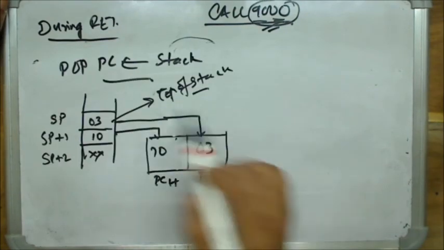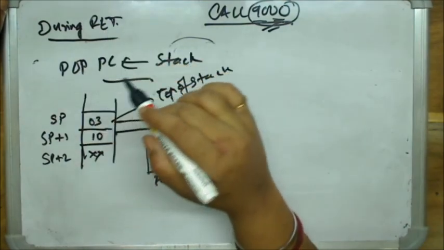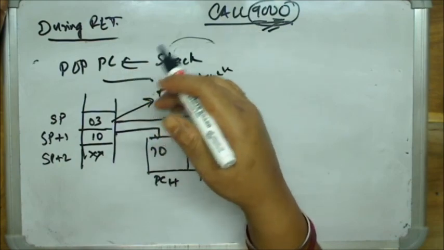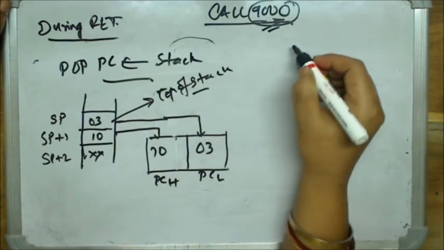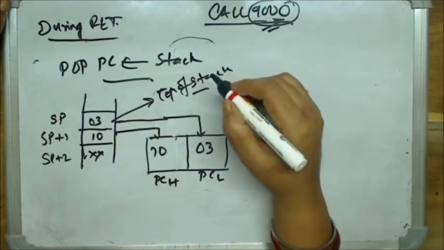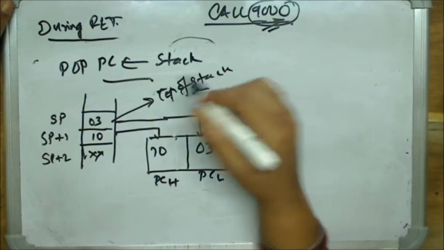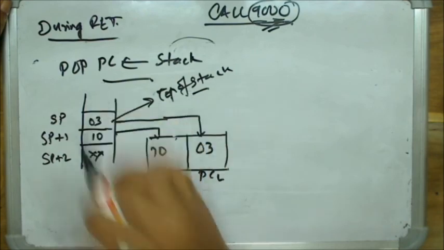Now, during return, what happens? The moment the processor fetches the return instruction, it knows it has to go back. Where does it get the return address from? From the stack. There is only one operation performed here during return, that is pop PC from stack. So this is your stack.